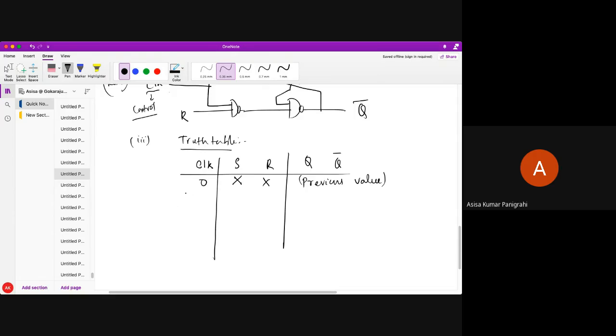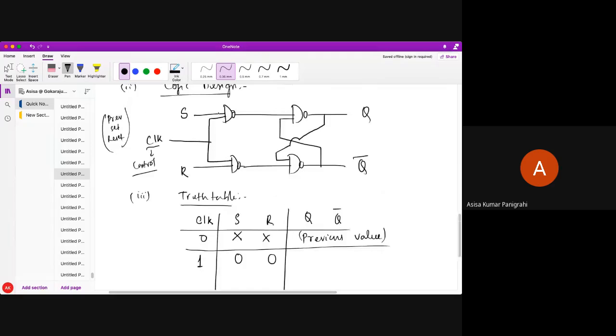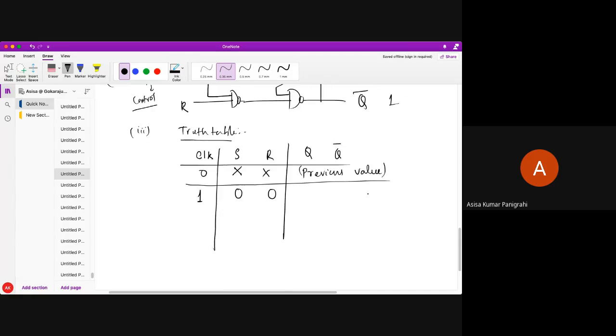Now I start giving the clock pulse. If the clock pulse is 1 and S and R are 0 0, what do we get for case 1, students? If S R is 0 0, I get the previous value. I have assumed initially 0 1, so the next state is also 0 1. Now the clock pulse is present and S R is 0 1.